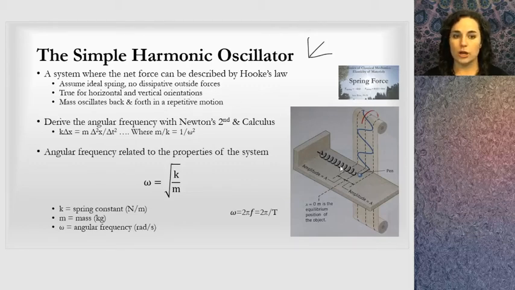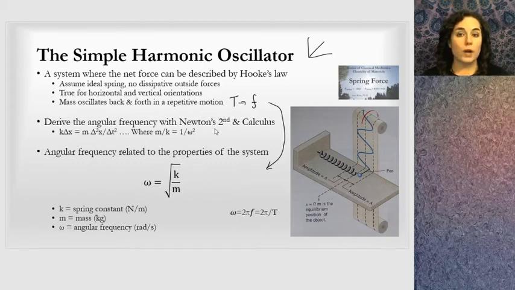Notice in this picture I have a horizontal orientation of the spring rather than the vertical one I had on the prior slide. This mass oscillates back and forth in a repetitive motion, and it has a period T, which I can relate to a frequency and also its angular frequency. Its angular frequency is a very simple equation.